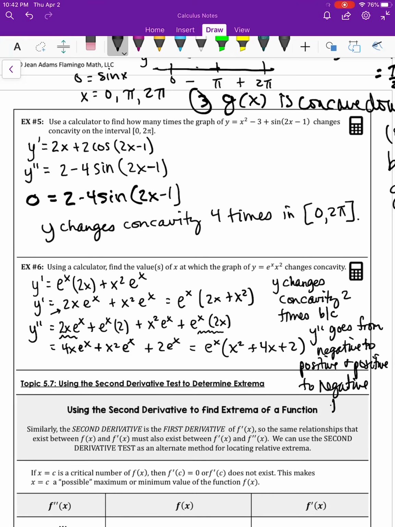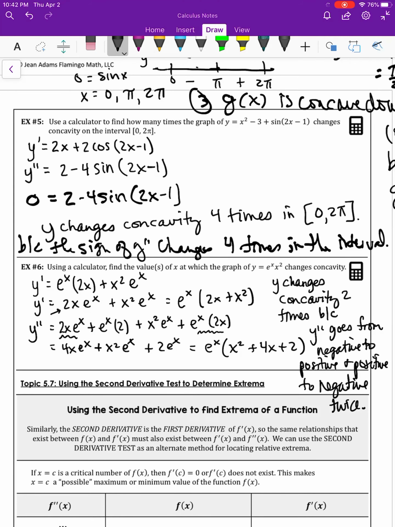And there's better ways to say that, but you know, and up here you could have said because the sign of y double prime changes 4 times in the interval. Okay.